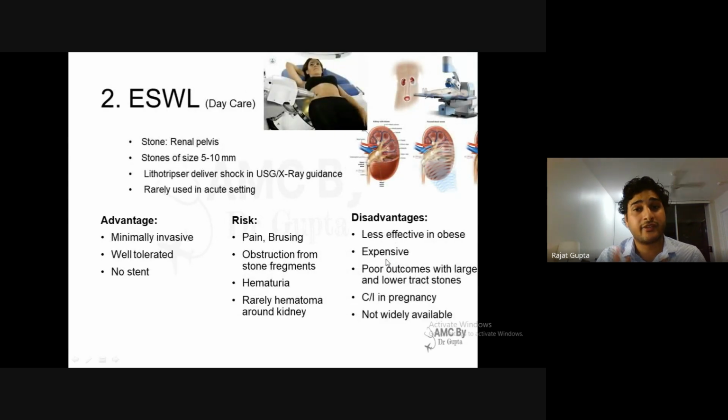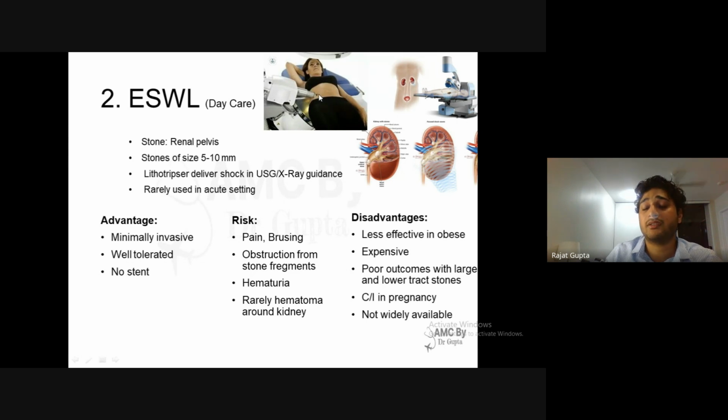Second is ESWL, extracorporeal shockwave lithotripsy. Just have a look at this procedure, because just after reading, it can be confusing sometimes. So what we actually do, this procedure is done for stones in the renal pelvis.